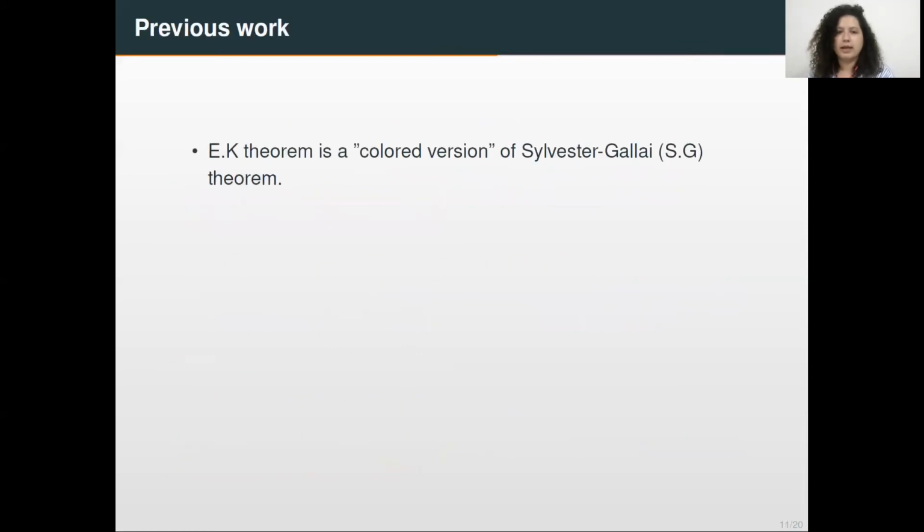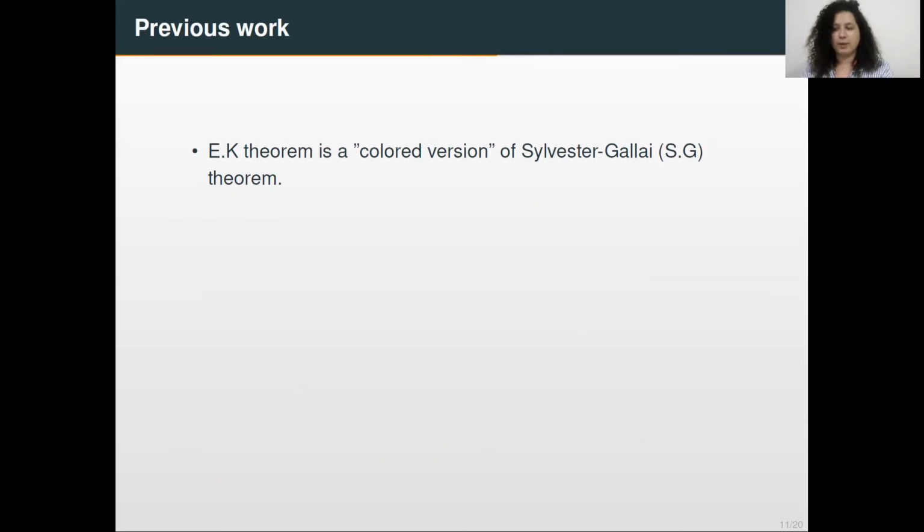So the Edelstein-Kelly theorem is a colored version of the Sylvester-Gallai theorem. The Sylvester-Gallai theorem states that if you have a configuration, one set of points, such that whenever you take 2 points from the set and draw the line that goes through them, this line intersects the set in a third point, then the dimension of the points is bounded above.